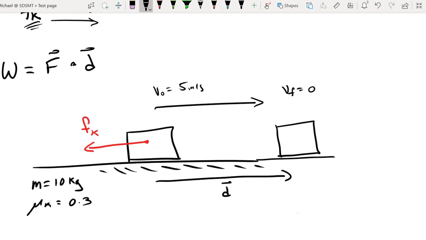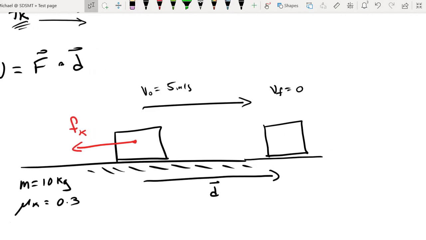Now the reason I chose to do this on a flat horizontal surface is not just to make the math easier, but to show that the combination of initial and final mechanical energies are going to have the same potential values.